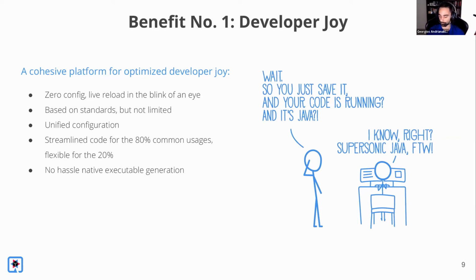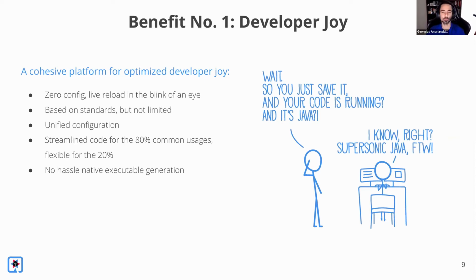So we described the big problem we're trying to address with Quarkus. But now let's see what the 4 defining characteristics of Quarkus are. What do we see that differentiates Quarkus from most of the other Java stacks out there?